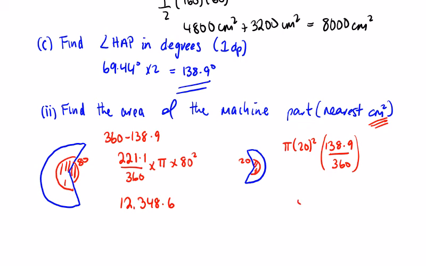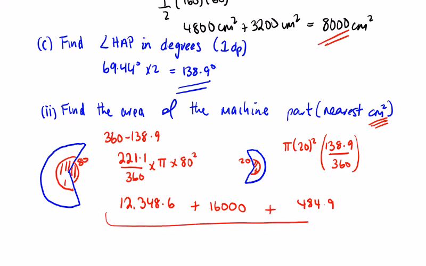And on this side, I'm going to get 484.9. And I've also got the 8,000 by 2. So I'm going to have to add 16,000 plus 484.9 to my 12,000. Let me just type that into a calculator. So it's going to give me 28.